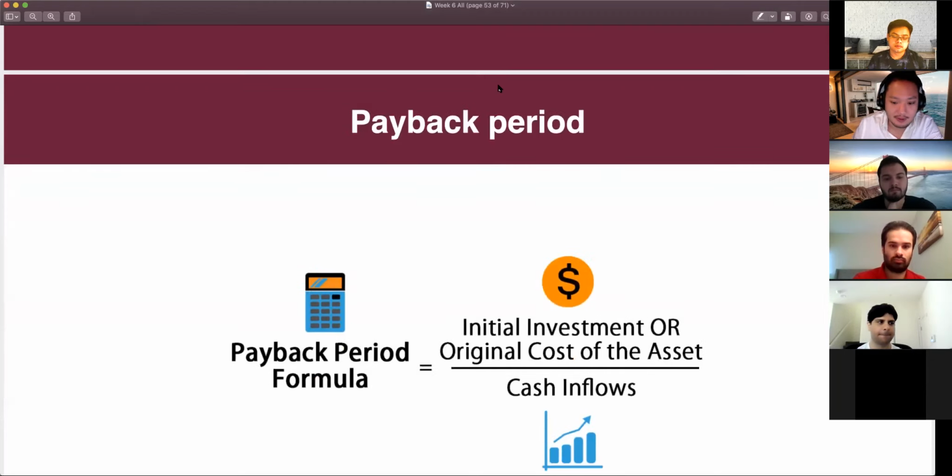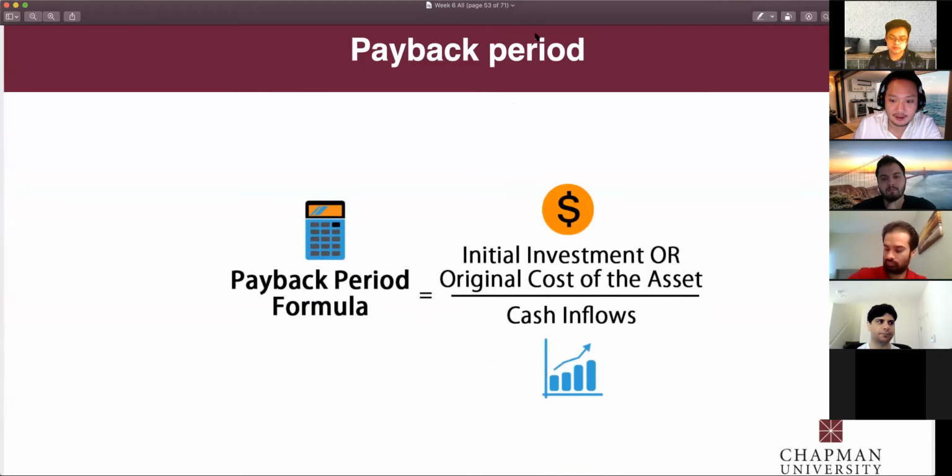So the payback period formula is the initial investment or original cost of the asset, divided by cash inflows, right? This is really important, not just when you're pitching to investors, but it was a very typical formula I used frequently to convince customers to buy a certain software.